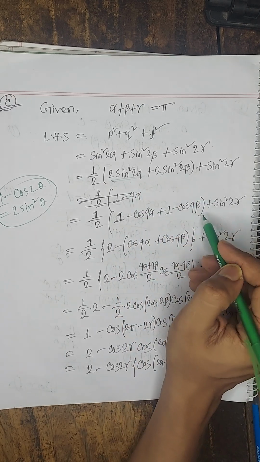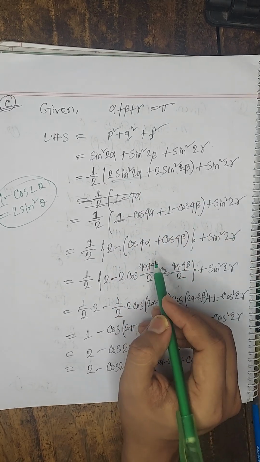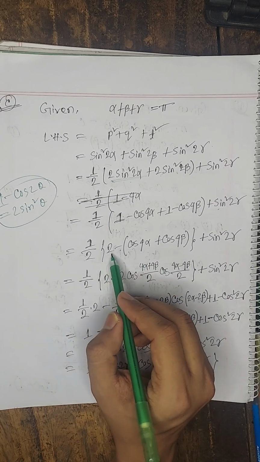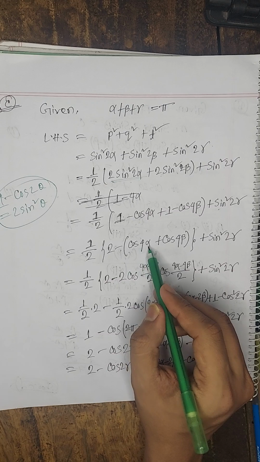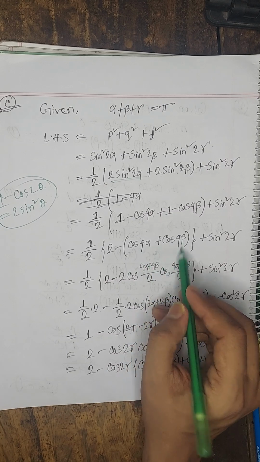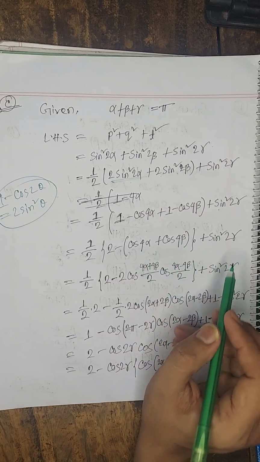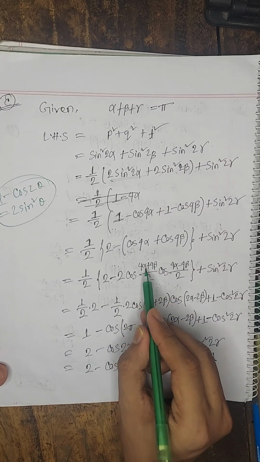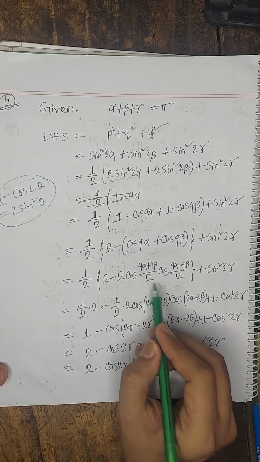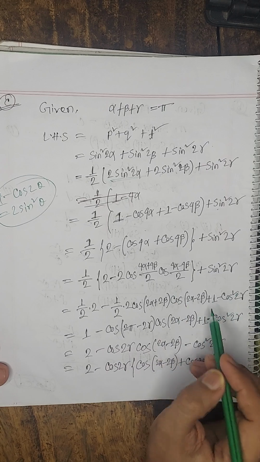And here sin square twice gamma, here half bracket 2 minus cos 4 alpha plus cos 4 beta, then plus sin square twice gamma. Here cos c plus cos d, 2 cos alpha plus beta by 2 cos alpha minus beta by 2.